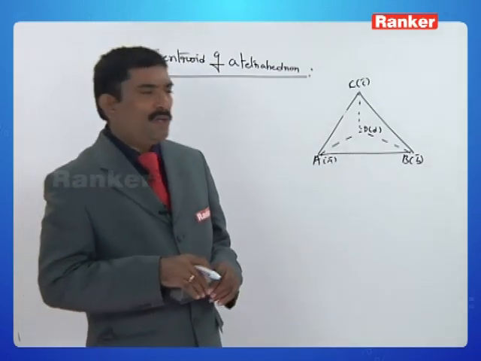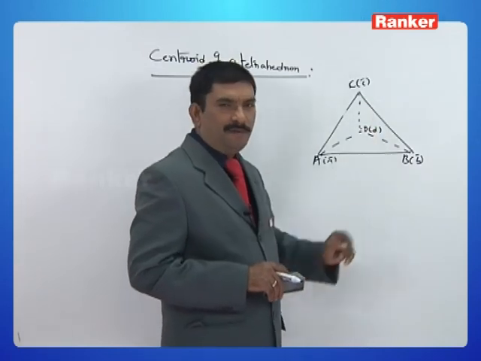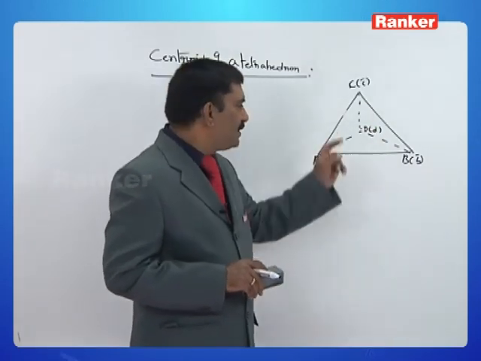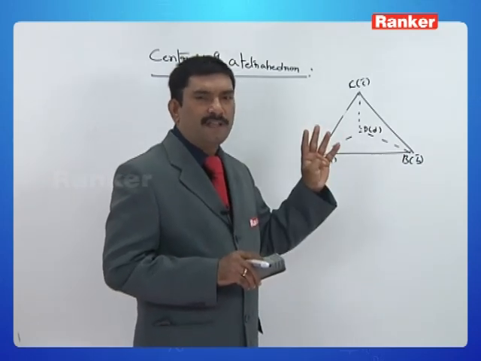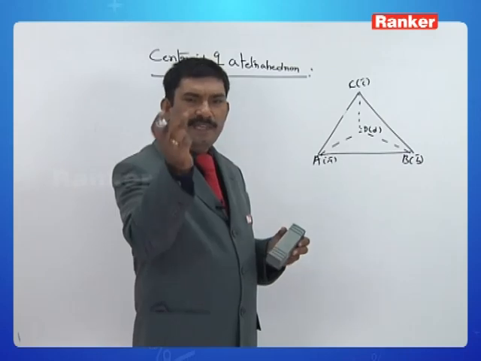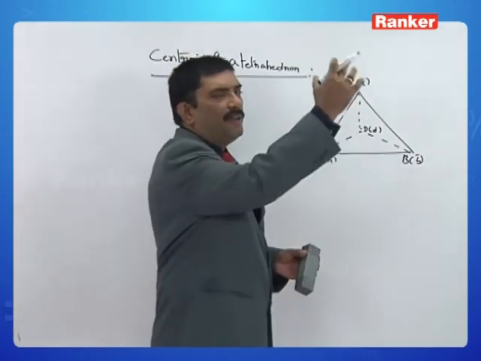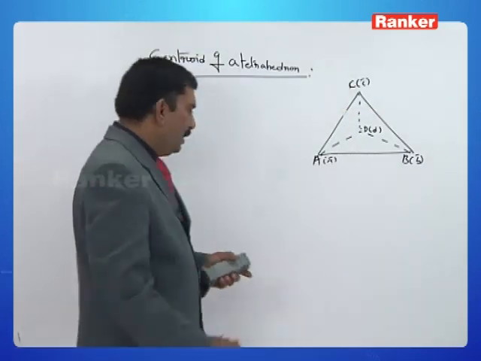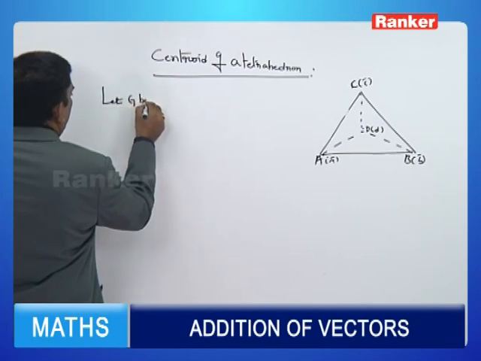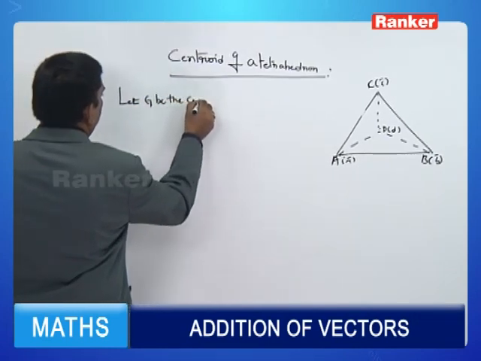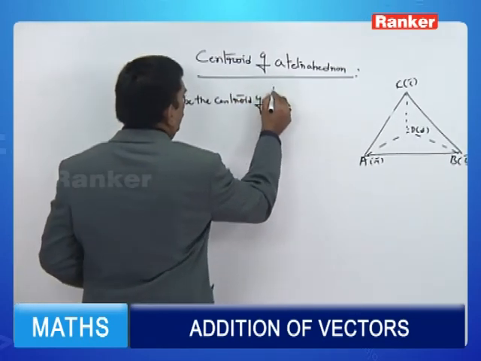Certainly, for a triangle ABC, D is not in the plane of ABC. So look here at D, with each triangle; there are 4 triangles. Now G is the centroid of what? The total tetrahedron ABCD. Let G be the centroid of the tetrahedron.